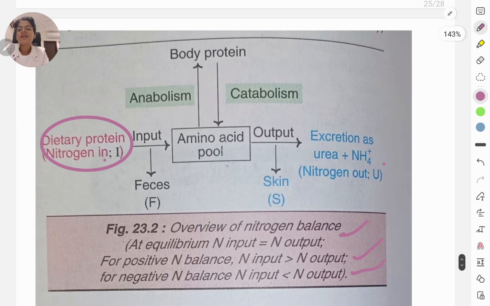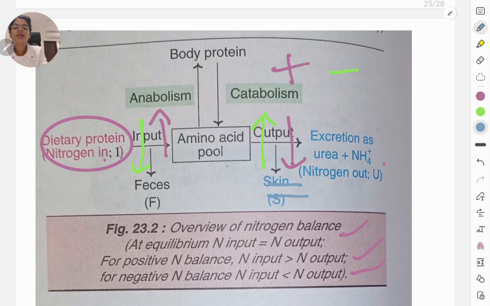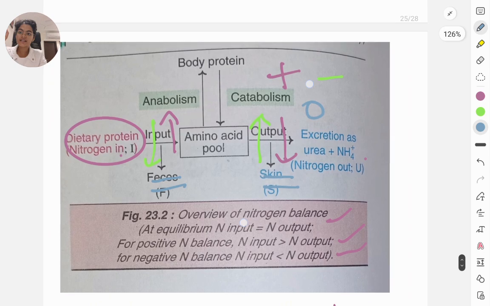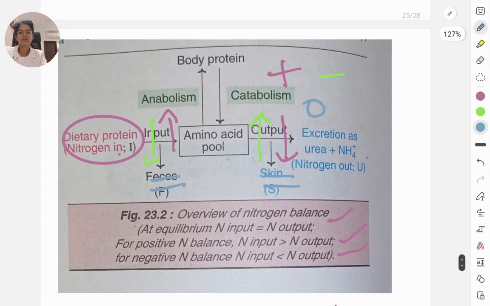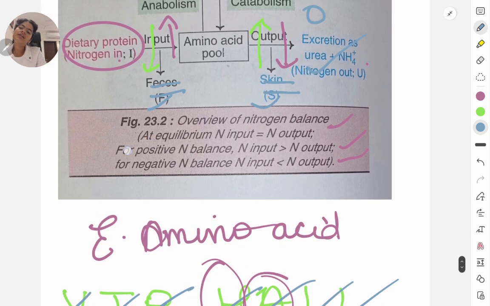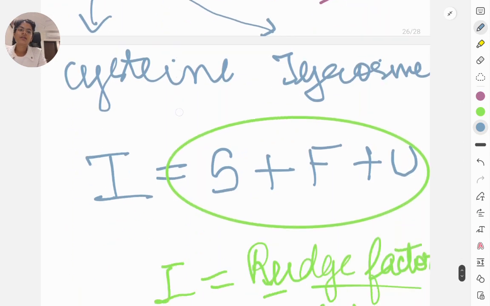So by this, if there is more input and less output, then it would be positive. While if there is less input and more output, then it would be negative. And if they both are equal, then it would be neutral, meaning a nitrogen balance equilibrium where intake is equal to the fudge factor. And all of these 1, 2 and 3 are contributing towards the fudge factor. Now it is clear. Now let's see.